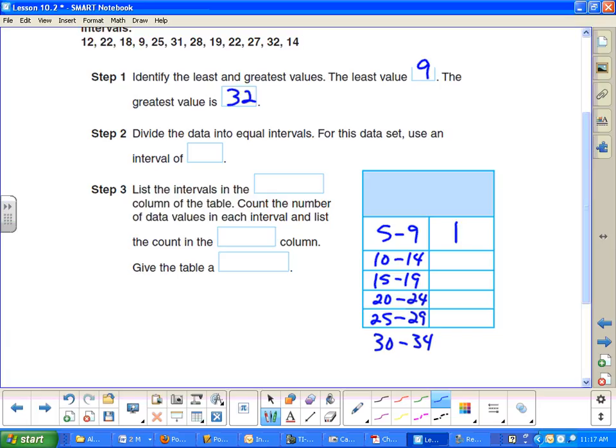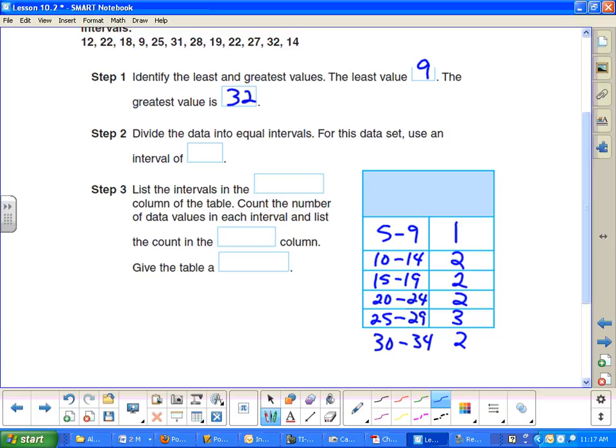So we have 1 and 2. 15 and 19? 1, 2 there. About 20 to 24. It's going to be 2 there. And 25 to 29. 3. Okay. And then 2 in our last one.